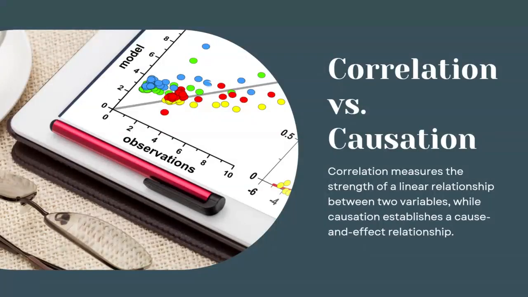Another example would be that we know that smoking increases your chances of getting some sort of cancer. That is an established relationship, but not necessarily one that would happen in every single case.